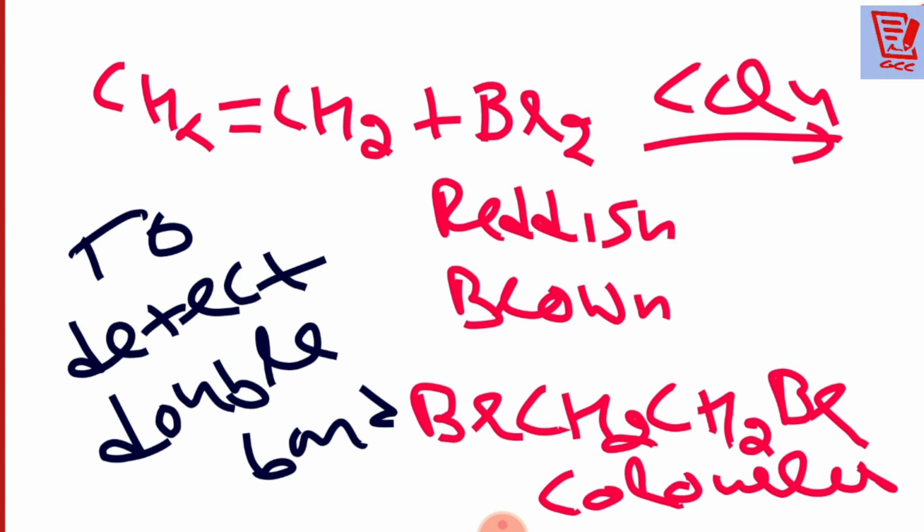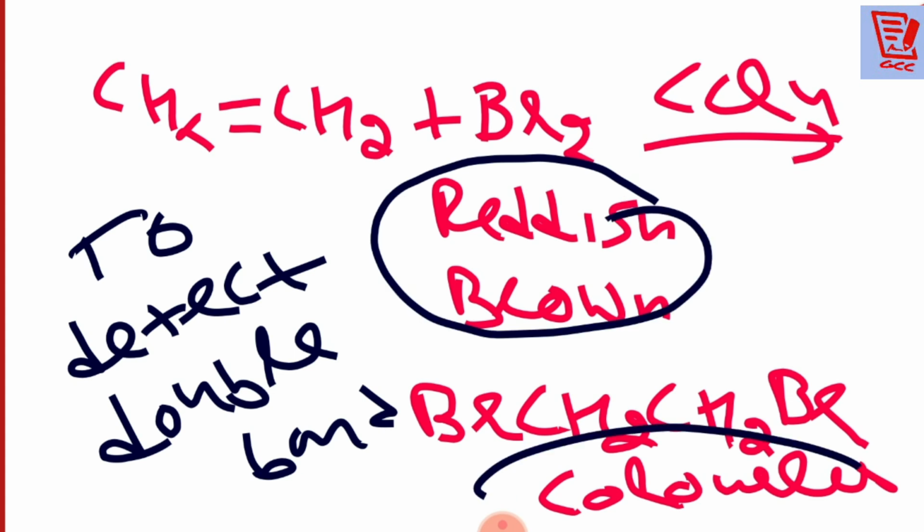When we detect a double bond, what happens? If the reddish brown color of the bromine is discharged and becomes colorless, then it means unsaturation is present. That is why we use this.